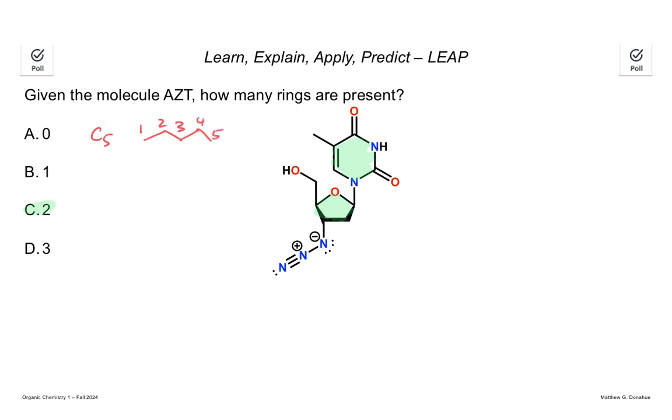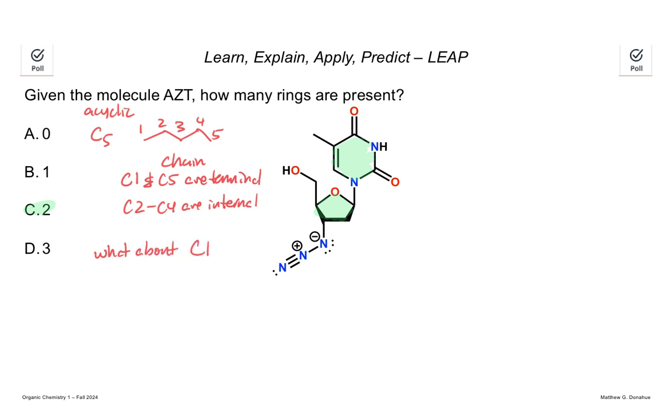So carbons 1 and 5 are terminal carbons. C2 to C4 are internal. And so they form a chain, and the chain is linear. So we call that an acyclic molecule. What about taking C1 and bonding it to C5?